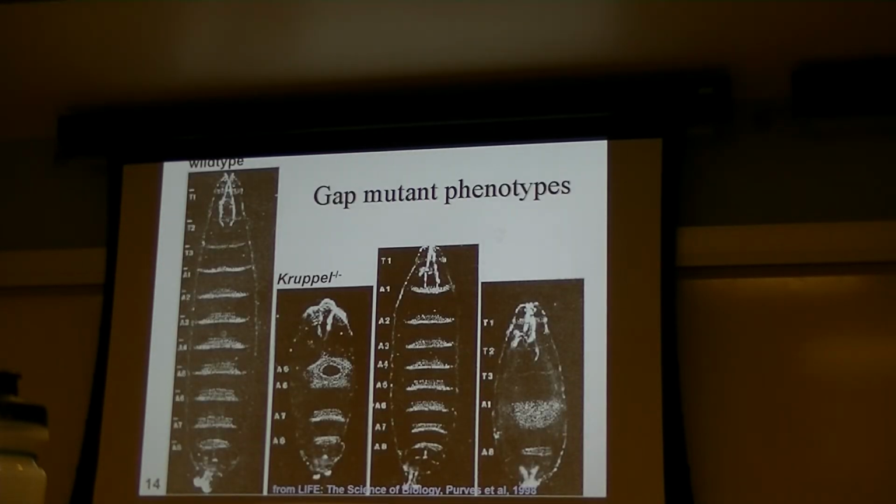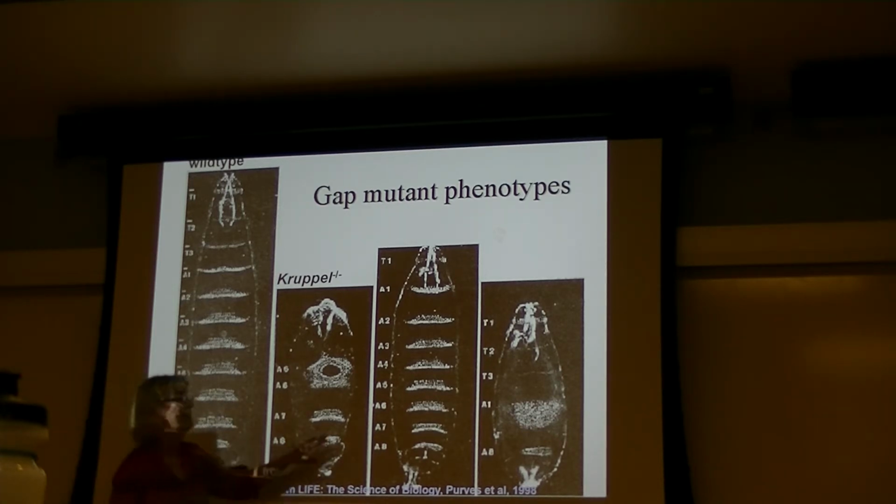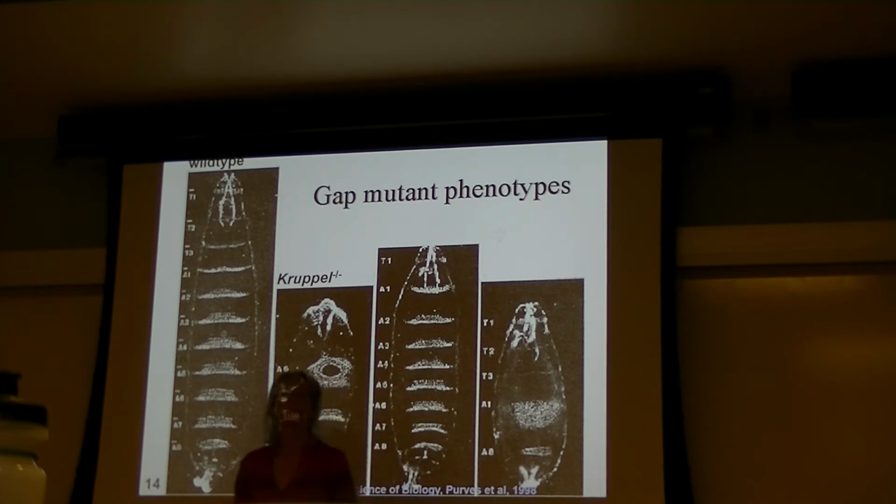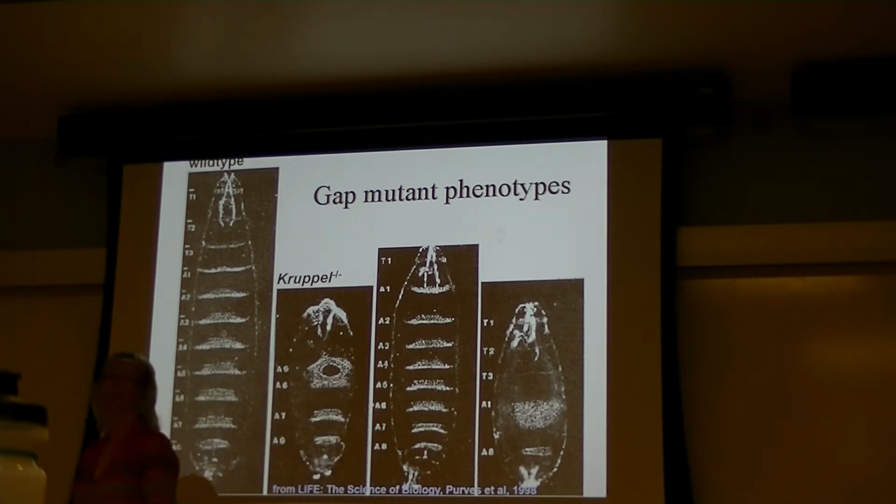Okay, here's a couple of examples. We see here some different mutants. The first one is Krüppel, and these have been stained to reveal, as those white spots, the small denticles or little bristles on these larvae. Here we have 3 mutant larvae, which are all shorter than normal along the anterior-posterior axis. But looking in more detail, you'll see that each of these is a unique phenotype.